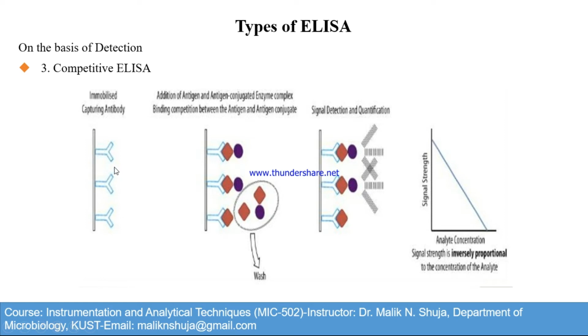Suppose the microtiter plate wells are coated with the capture antibody, then specific antigens are applied. So we have two types of antigens: one is the added antigen and the other is the antigen-conjugated enzyme complex. Here we can see both are applied and they are equally competing to bind with the antibody.